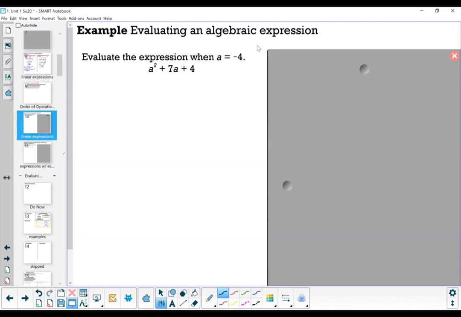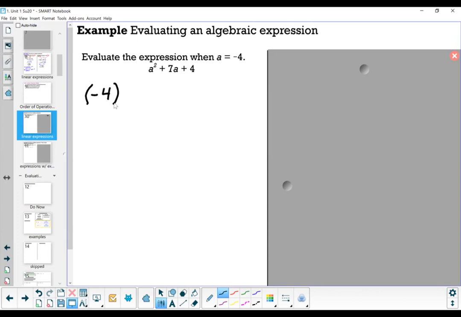So just like we did in the first example, we want to substitute for a, and I'm going to use parentheses because I'm not going to use lazy algebra. So I'm going to put parentheses. My value for a is -4. Close parentheses.